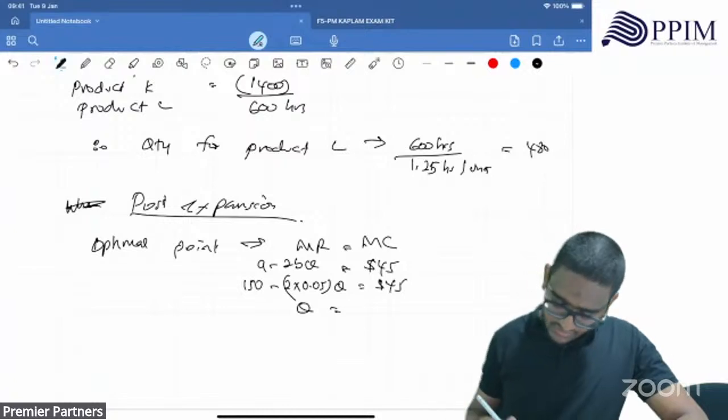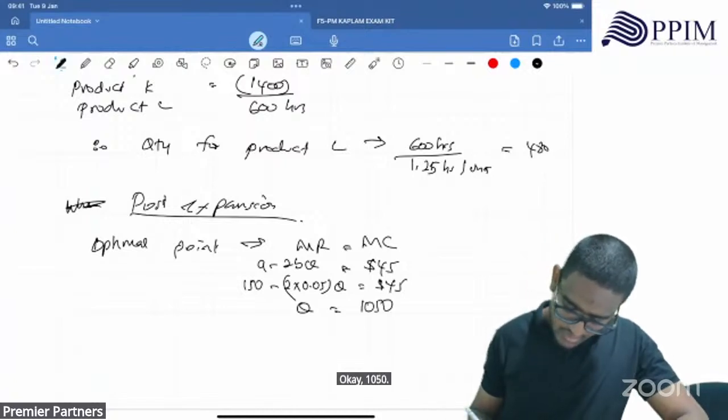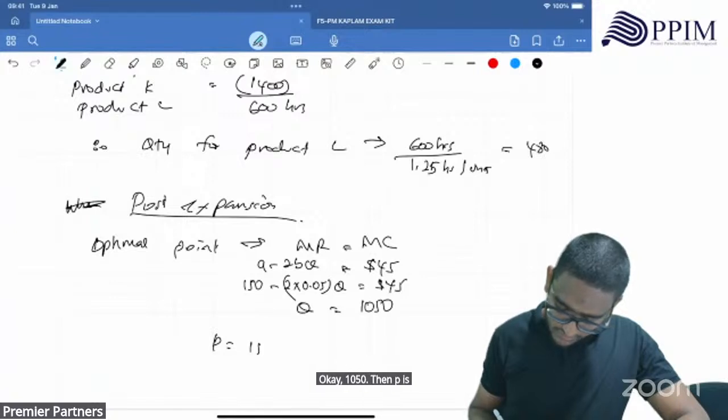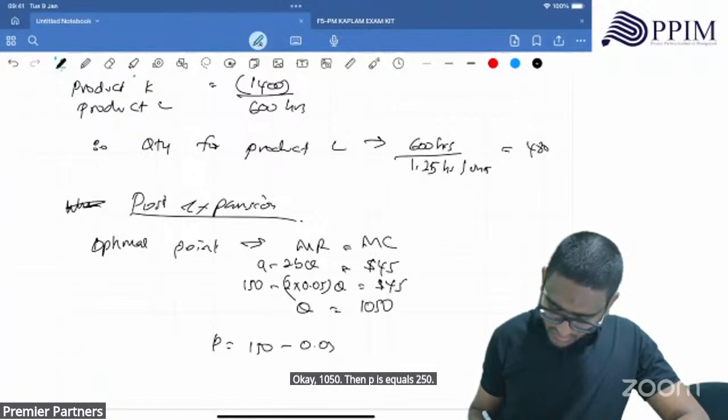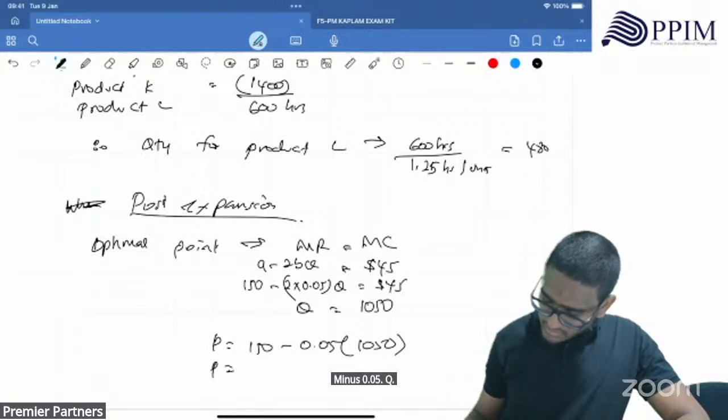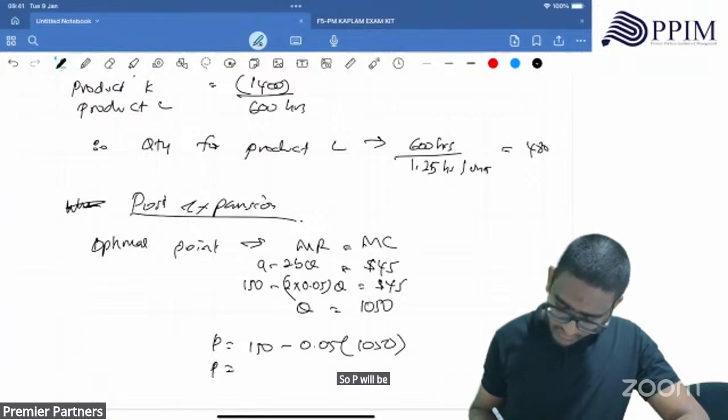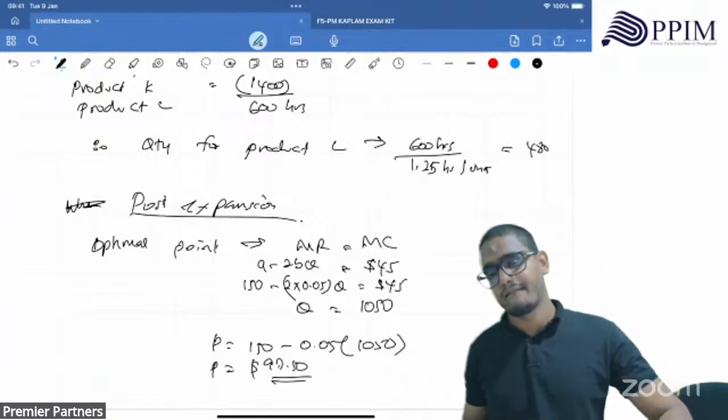You get 1050. Then P is equal to 150 minus 0.05Q. So P will be 97.5, post expansion.